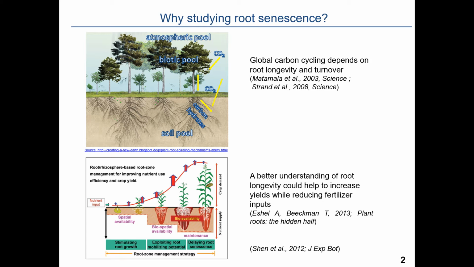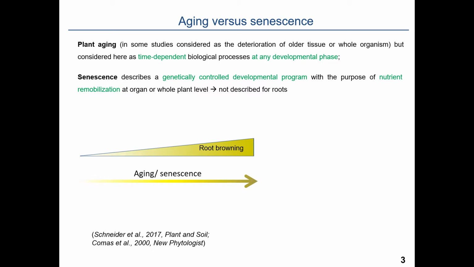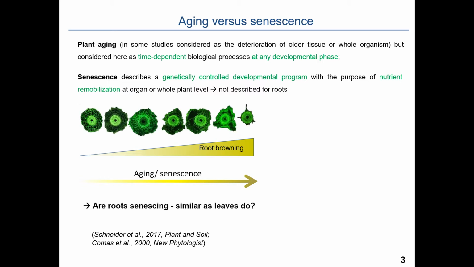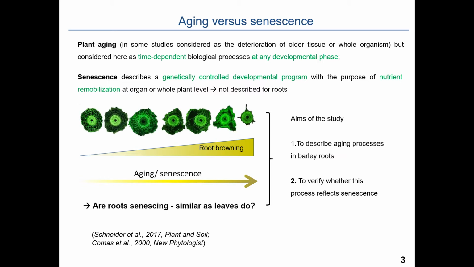But even though this terminology has been used several times, the definition is still very loosely defined. For example, aging versus senescence. Here, in my study, I always consider aging as a time-dependent biological process at any developmental time and any developmental phase, meaning it's only time-relevant, not biologically relevant.